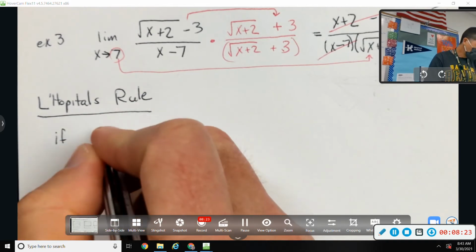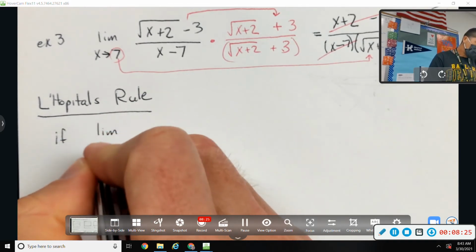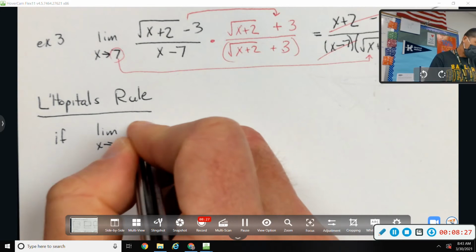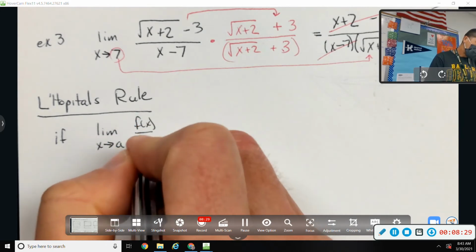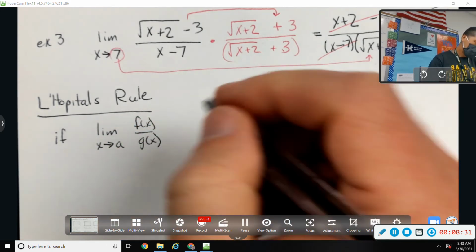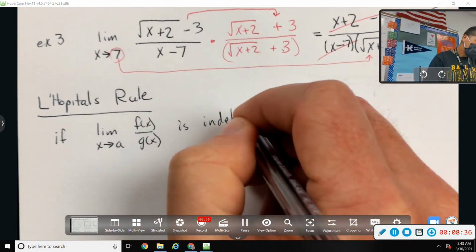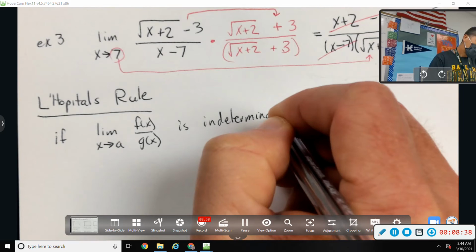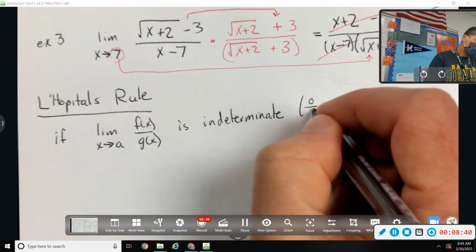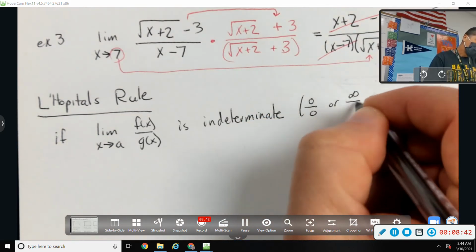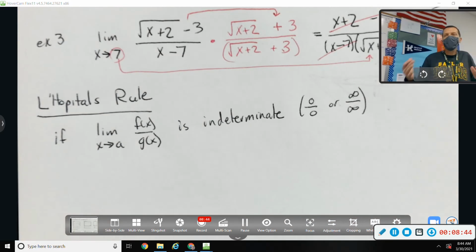And here's his rule. If the limit as x approaches a of f of x over g of x is indeterminate, meaning 0 over 0, or infinity over infinity. It's like you can't determine what it is. It's indeterminate.